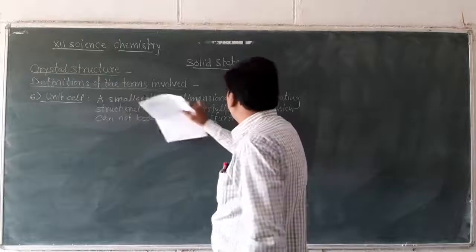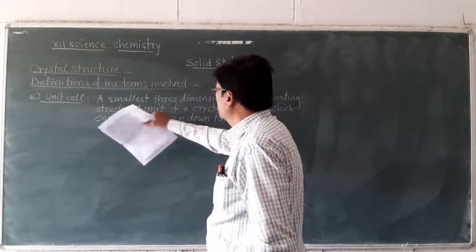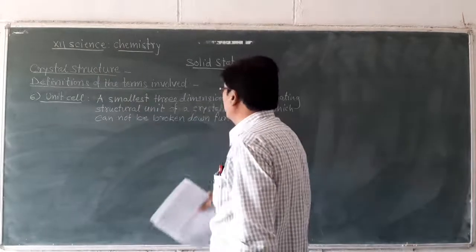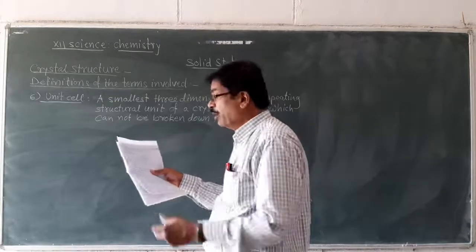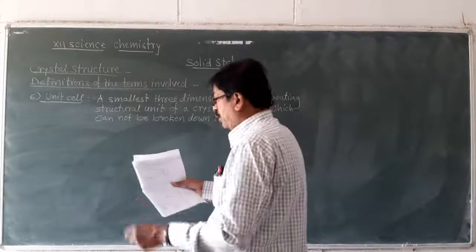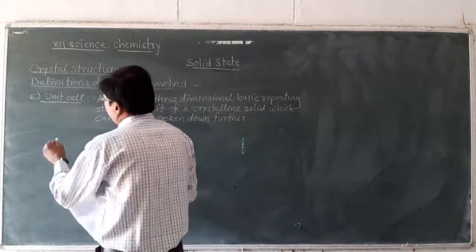A smallest three-dimensional basic structural unit of a crystalline solid which cannot be broken further is called unit cell.